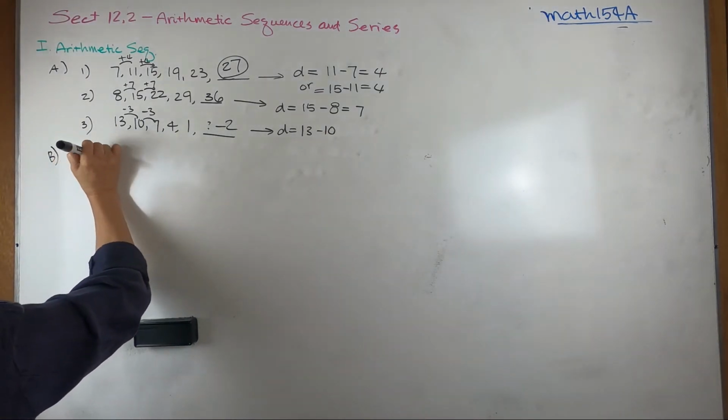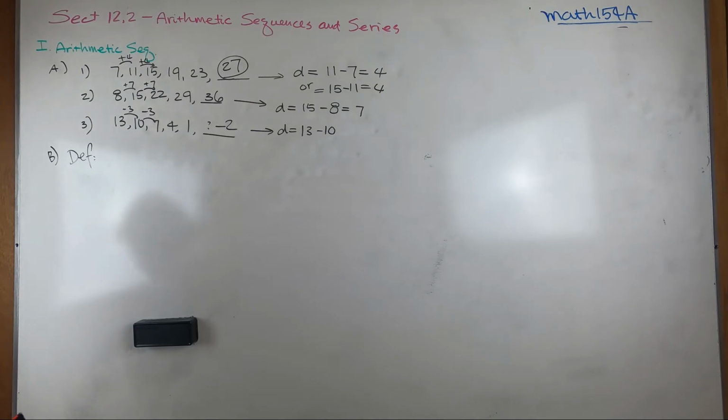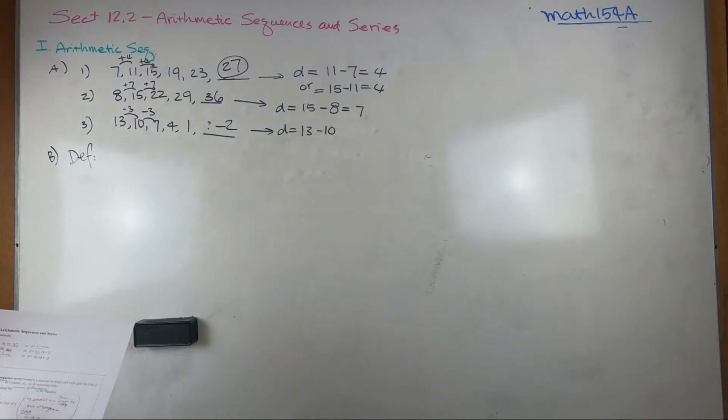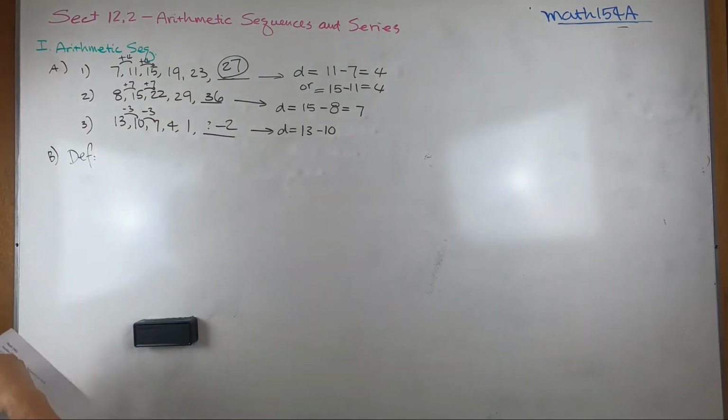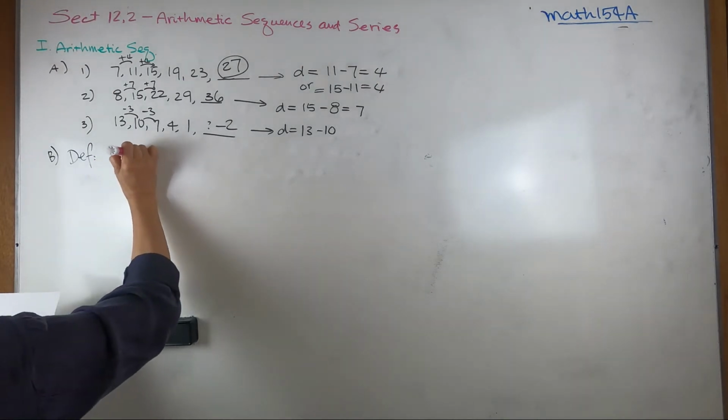So let's do the formal definition. The formal definition is this way. You will answer this way if we ask you, what are arithmetic sequences? You will say an arithmetic sequence, or progression, is a sequence in which each term after the first term is obtained by what?